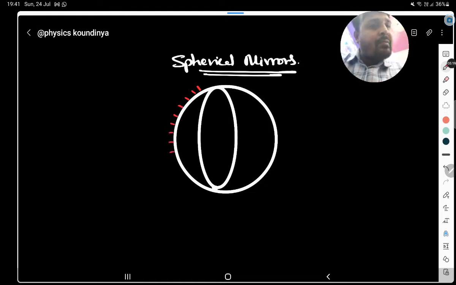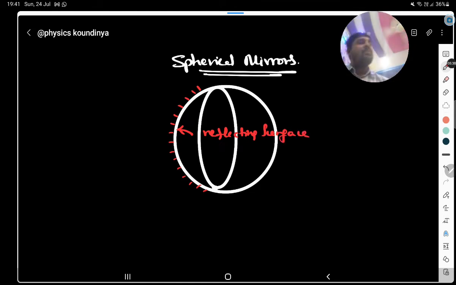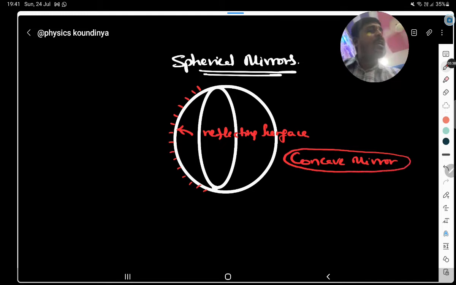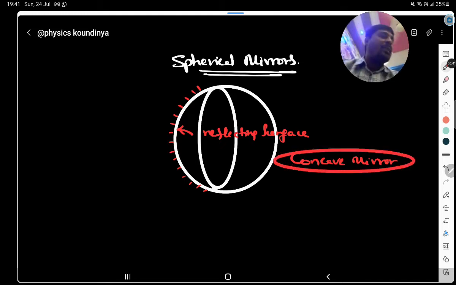So the outer surface has been silvered, then the inner surface behaves like a reflecting surface. This type of mirror is what we called as concave mirror. So this is called as concave mirror. It is one type of spherical mirror.